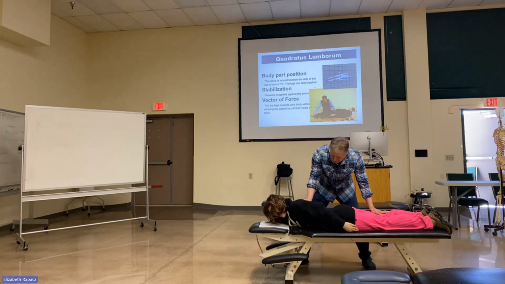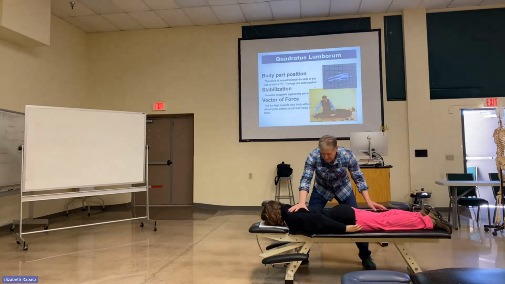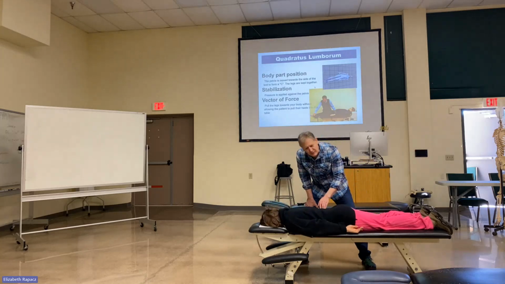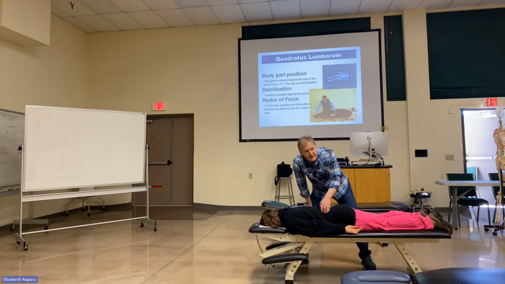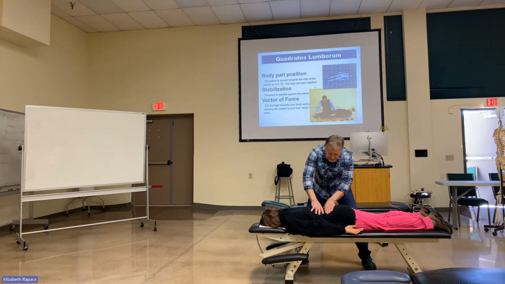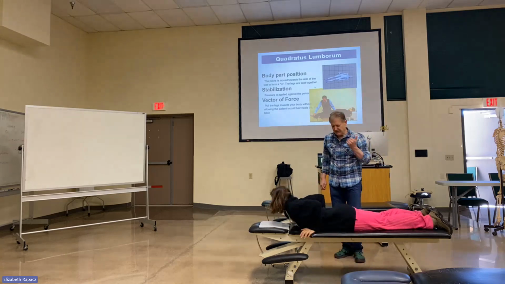So that's the right QL, which is weak, and the left sacrospinalis are reactive muscles, which we're going to go over in a second. I think we've spindled it up enough.